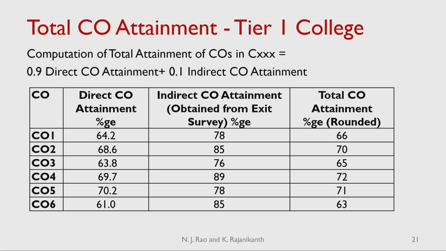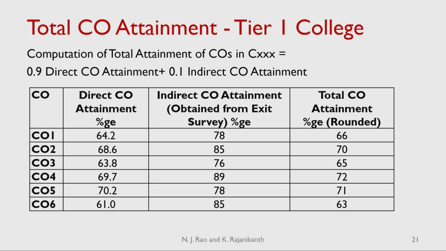In this example, we are assuming that the indirect CO attainment has 10% weightage and the direct CO attainment has 90% weightage. So the total attainment of the CO is computed as 0.9 into direct CO attainment value plus 0.1 into indirect CO attainment value. This computation is shown in the following table.